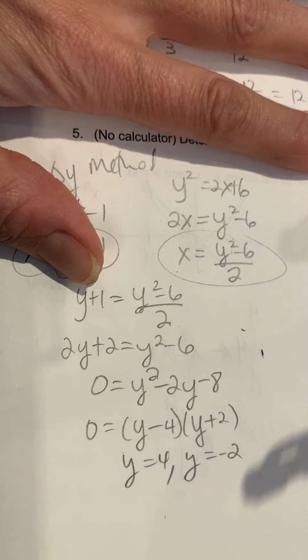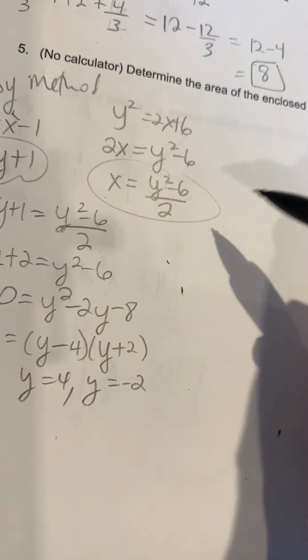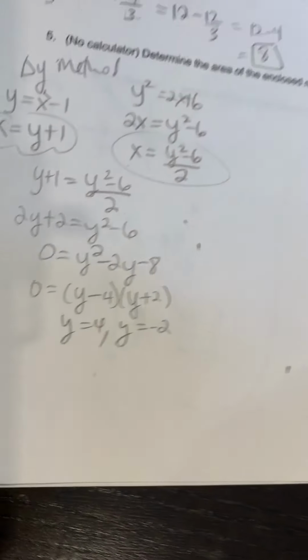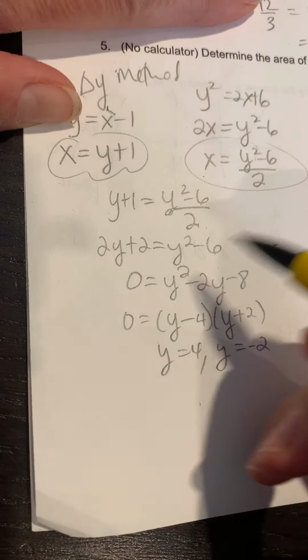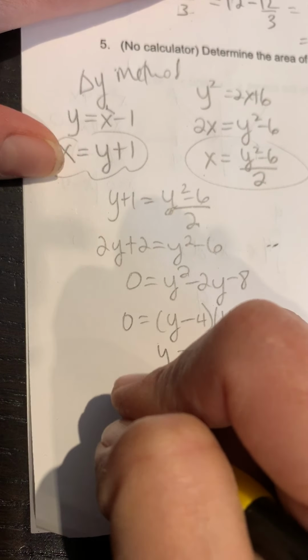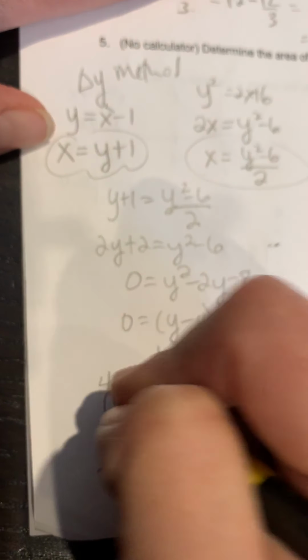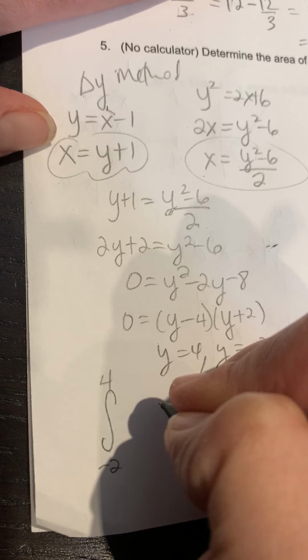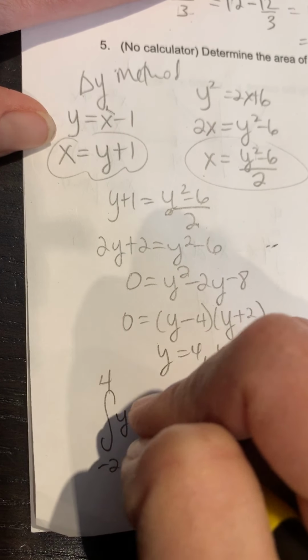Now when I look at my picture, I don't even have to have a picture to know that these are the y values I'm going to need. So you pretty much have it at this point. This is the integral from -2 to 4 of, and the top function is the line, so that's y plus 1.